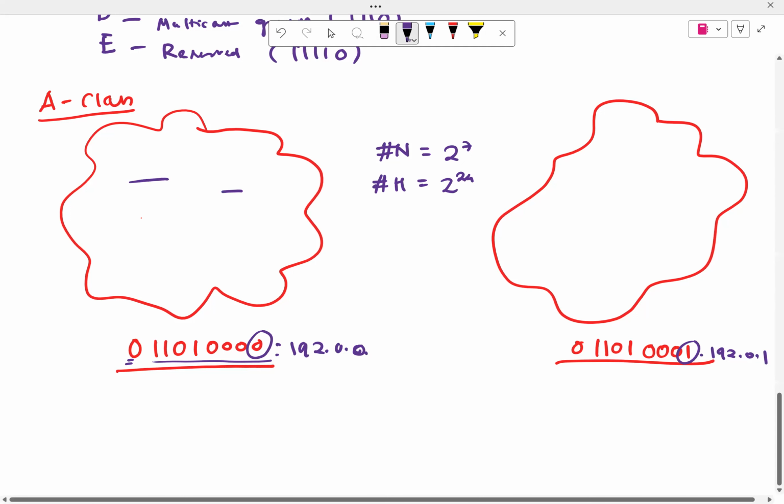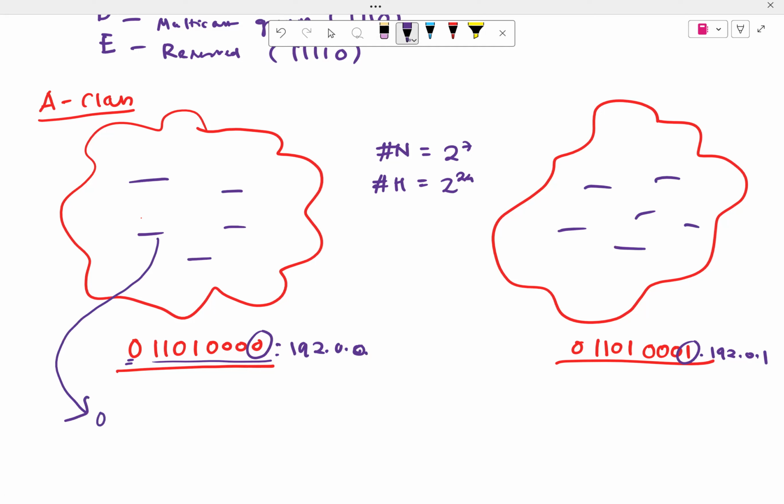If you pick any host in this network, its IP address will start with 01101000, then anything, and the other network's addresses will start with 01101001, dot anything.